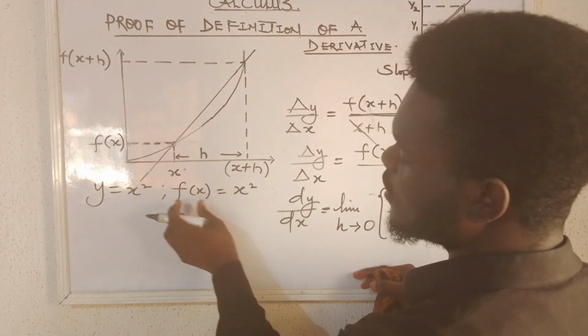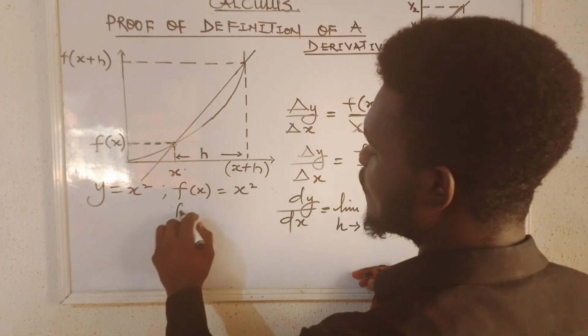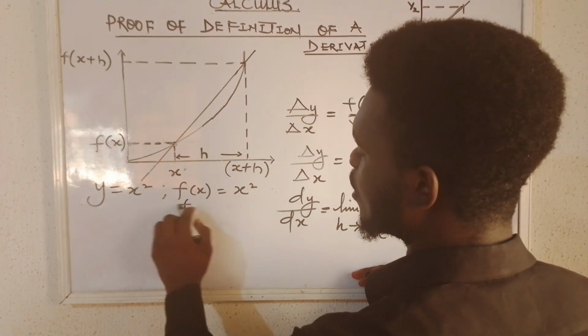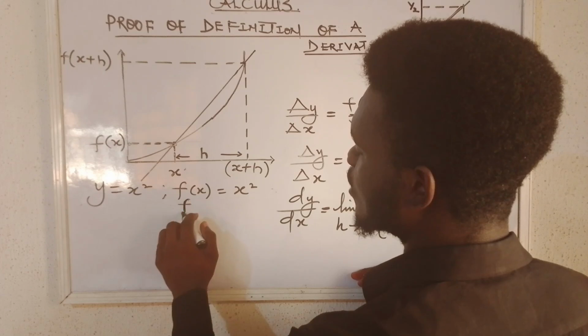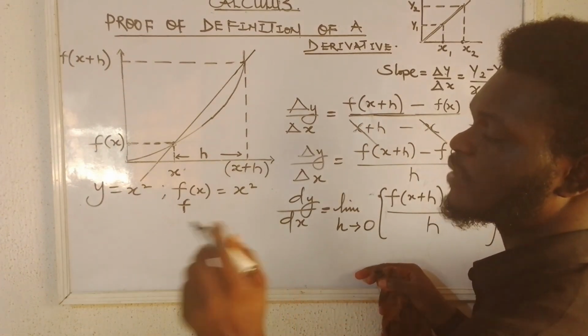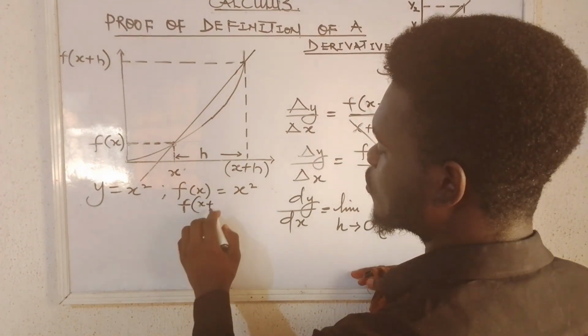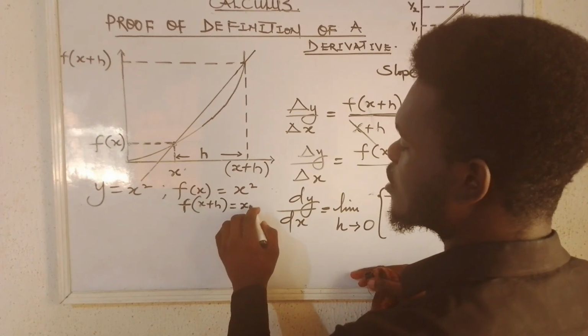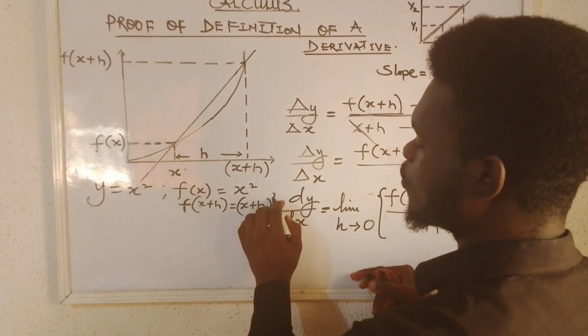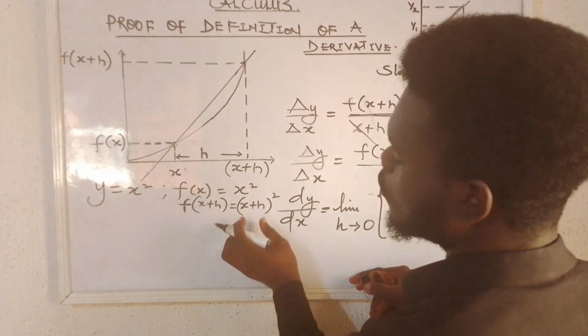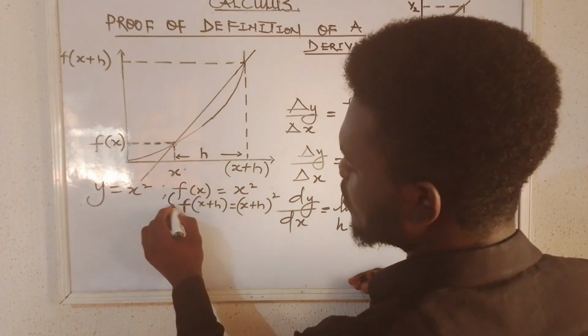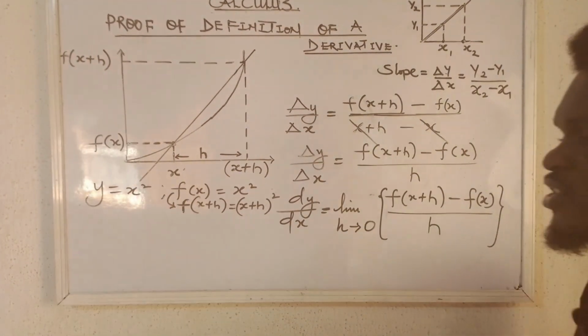Then, for those of us that are familiar with further mathematics, the function of x plus h will be x plus h squared. So we are connecting these two together.